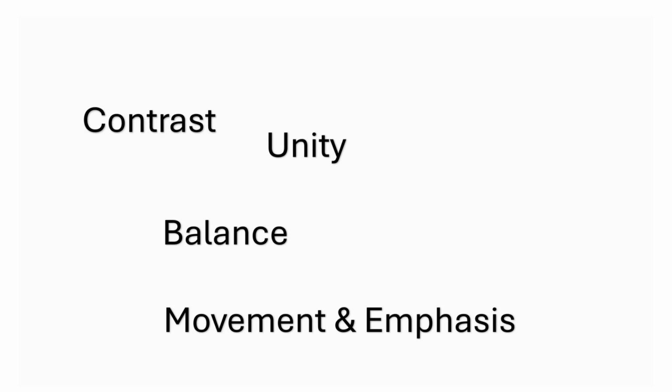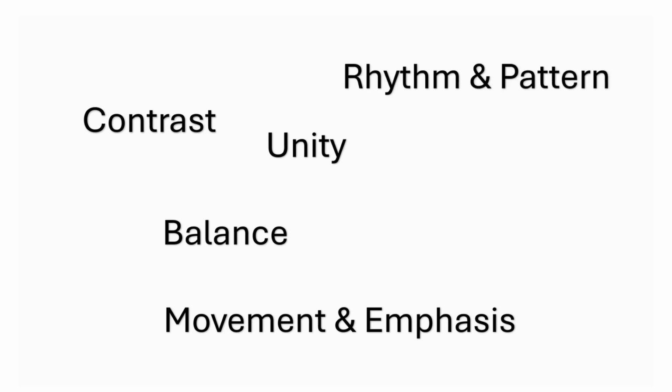Rhythm, although it repeats elements, just like a pattern does, it's less predictable. It ebbs and flows. So think about these next time you're working on your project, or you're trying to figure out if your project is working or needs some help, or if you're evaluating it at the end.